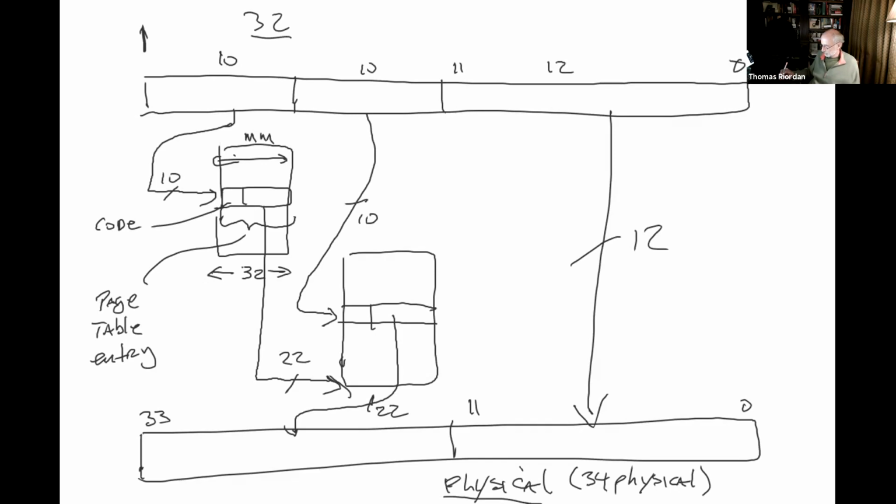That's perfectly okay to do. And that's why we have 22 bits here, because the size of our physical memory space is not 2 to the 32, it's 2 to the 34. And so to specify a particular entry, we need these 22 bits plus these 10 bits.